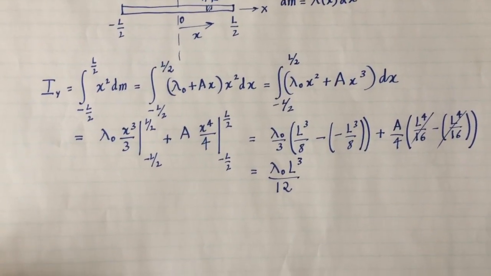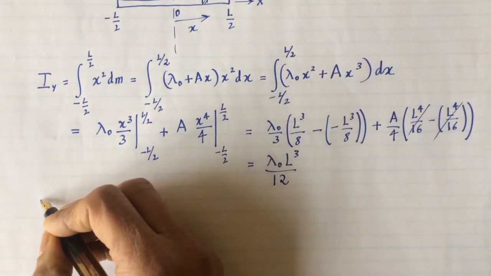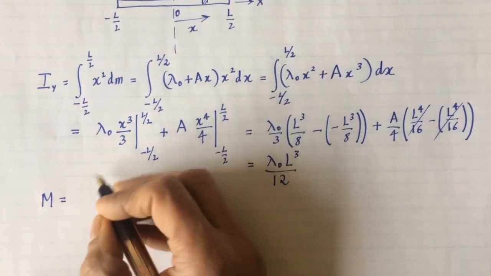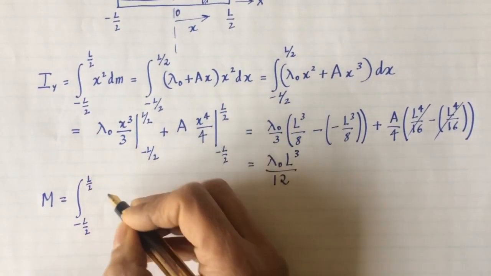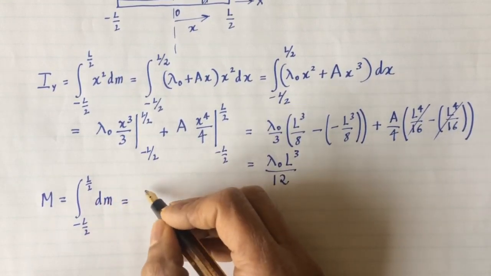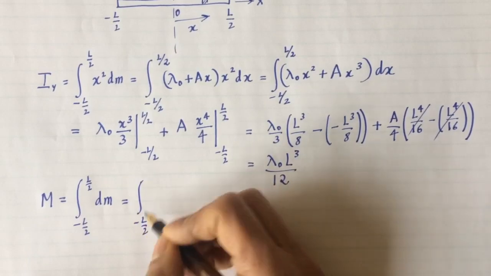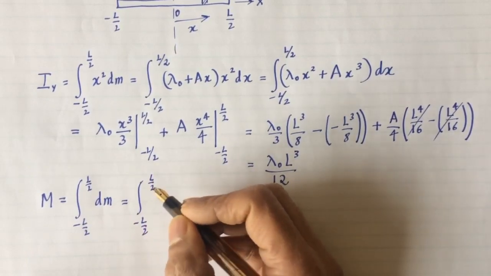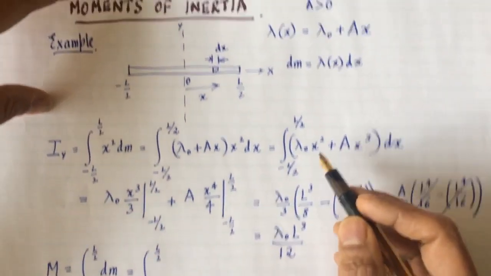Now let's put this in terms of the mass like we did in the previous example. So the total mass of the rod is the integral from minus L over 2 to L over 2 of dm. So that's going to be lambda of x dx. That's what dm is. dm is lambda of x dx from here.